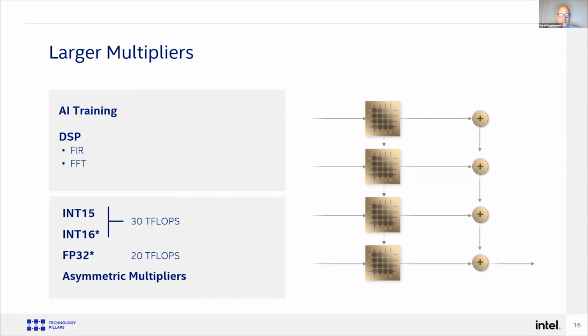We can build FP32. We can do that with various different types of relaxations to save even more logic. We can build asymmetric multipliers. And because we are starting off with a much higher density, albeit of smaller precision multipliers, we can aggregate these to much larger or higher densities of larger precision arithmetic than is normally found on FPGAs this size. Now the power stays the same, so we get a lot better power efficiency as well.